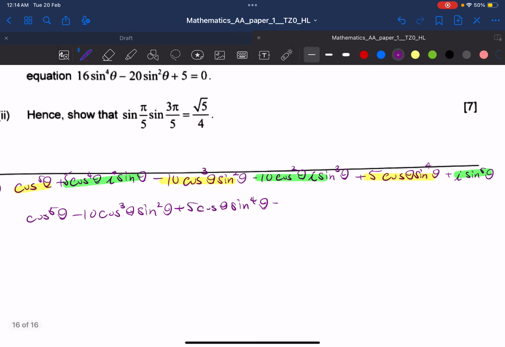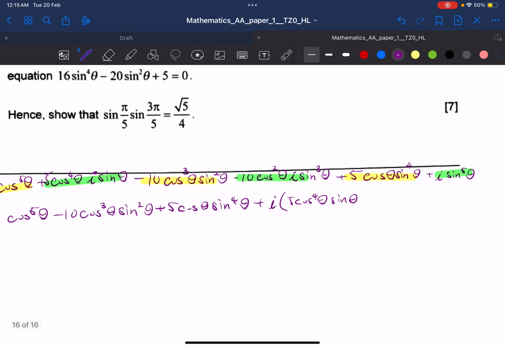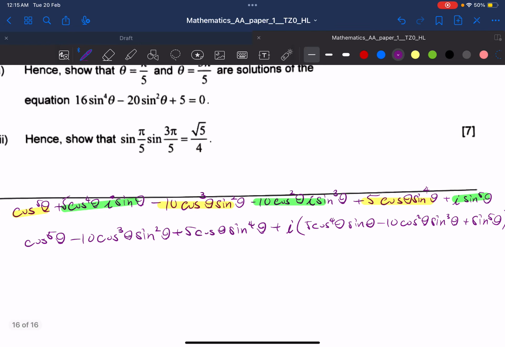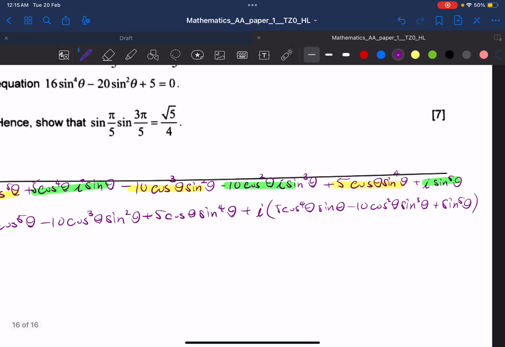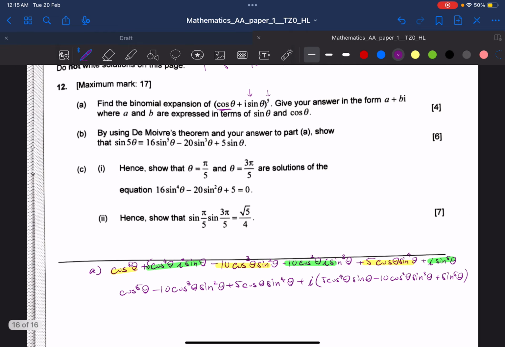And then the i part would be 5 cosine power 4 theta sine theta minus 10 cosine squared theta sine 3 theta plus sine 5 theta here. So I think everything here should be okay. So I'll just assume I'm correct for now because I think we have part B to show it.